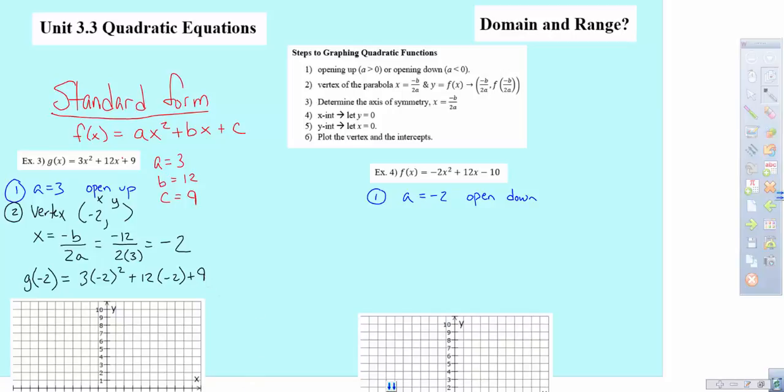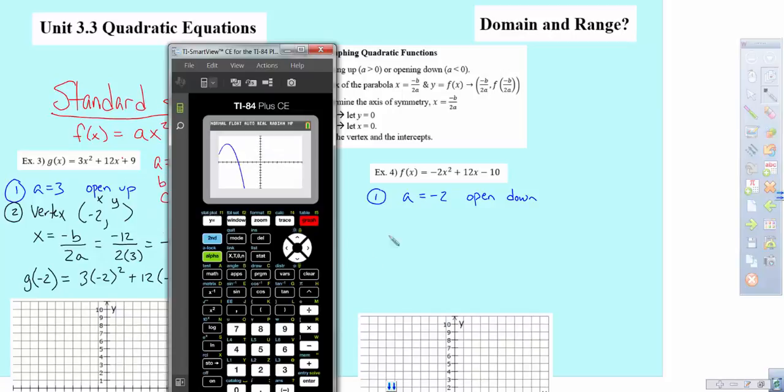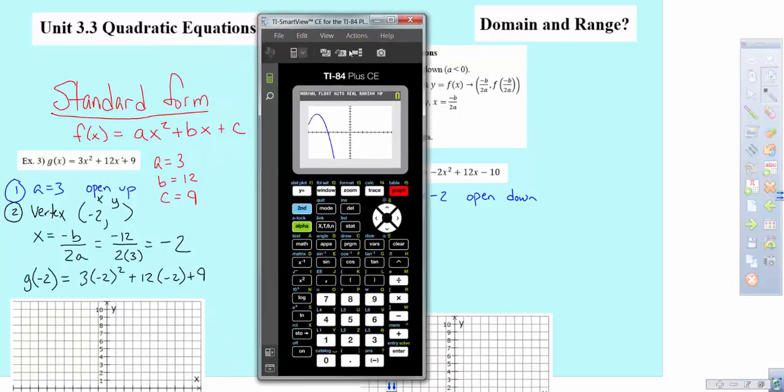I'm not actually going to do that by hand. I'm going to go to my calculator because we have this tool, and plug my function in: 3x squared plus 12x plus 9. I'll go ahead and hit graph and see what it looks like.